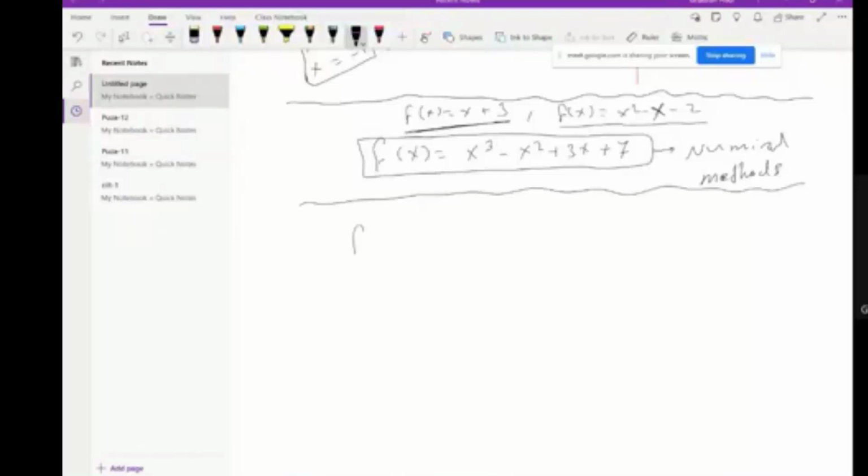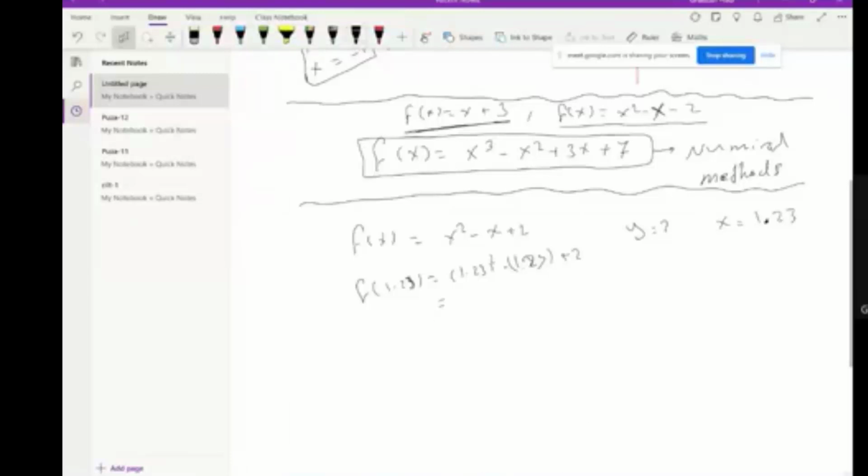If the function is f of x equals x squared minus x plus 2, for example, and I want to find y when x equals 1.23, I will substitute x equals 1.23: 1.23 squared minus 1.23 plus 2, and I will find the result.